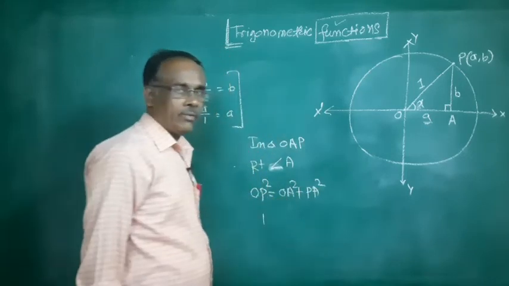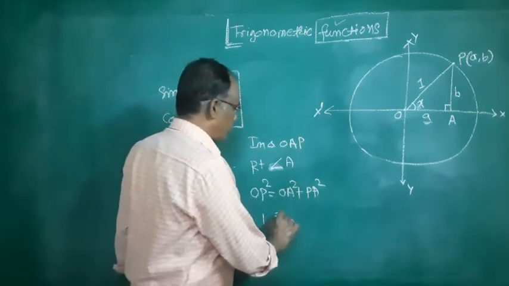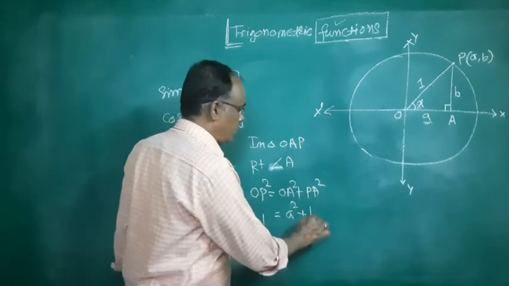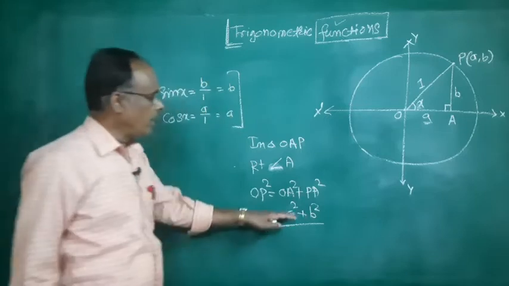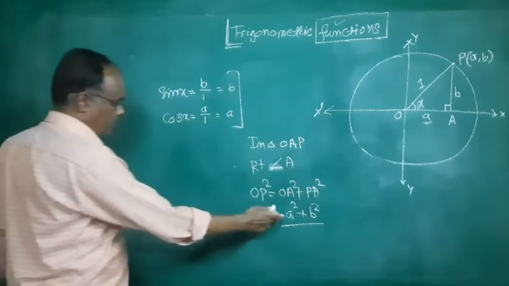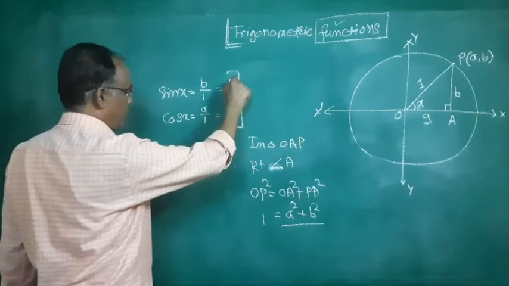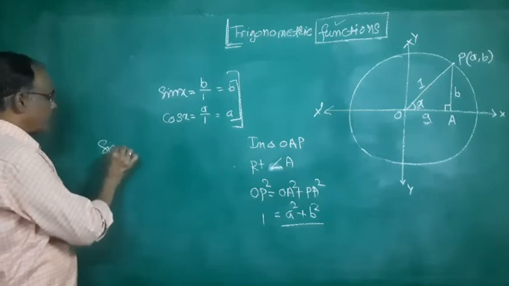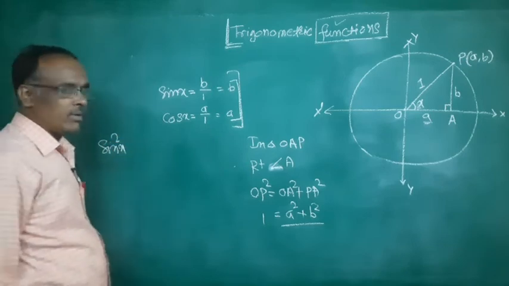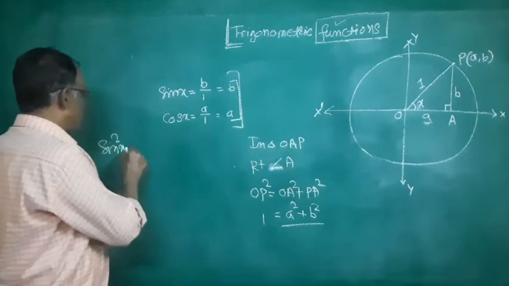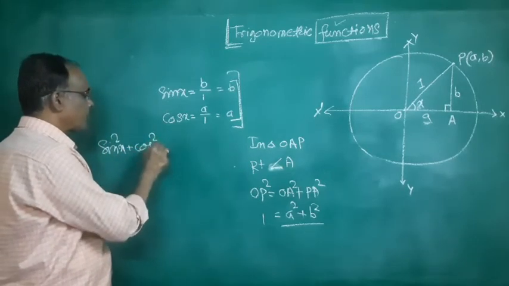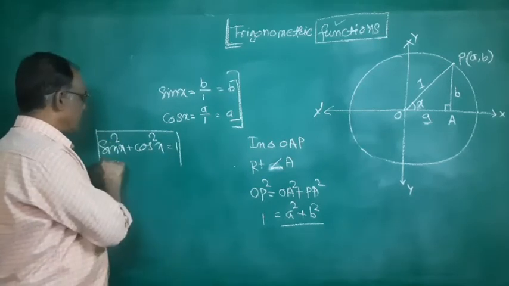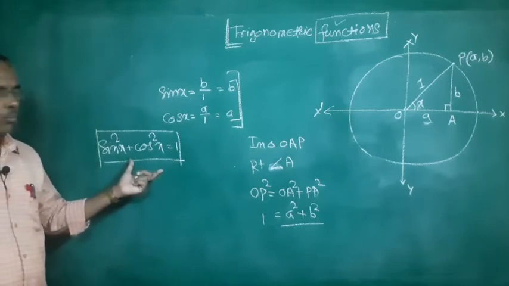OP is 1, so 1 square. And OA is a, so a square, plus PA is b square. By putting the values of a and b here, we get a square means cos square x, and b square means sin square x, equals 1. Sin square x plus cos square x equals 1.